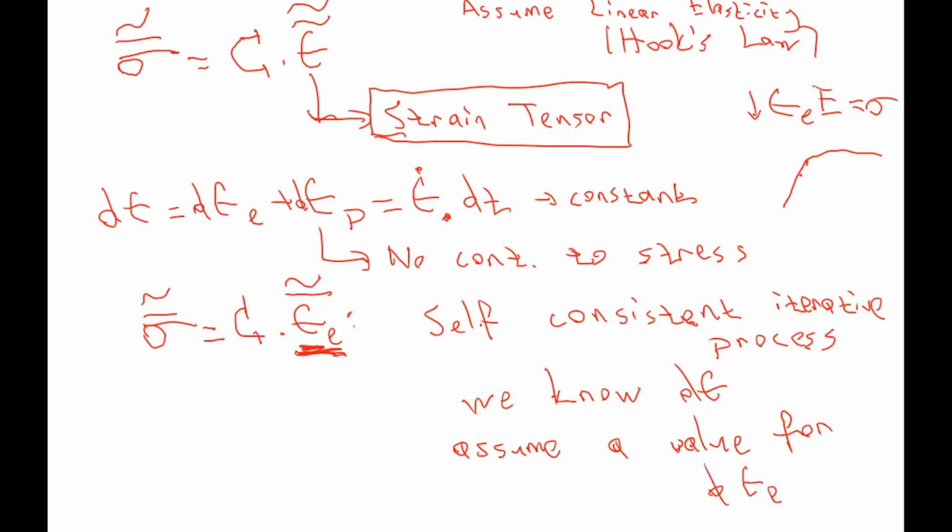So we know this one, and we will assume this guy. Then we can calculate this guy right here. Perfect. The first step. So this is the iterative process. You need to choose the elastic strain, which is less than the total strain.